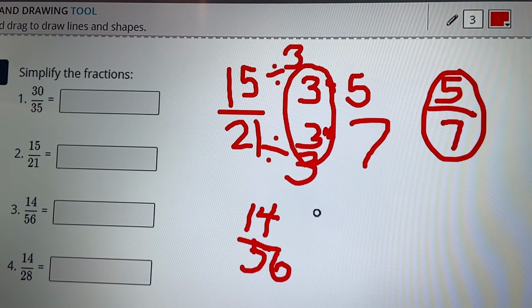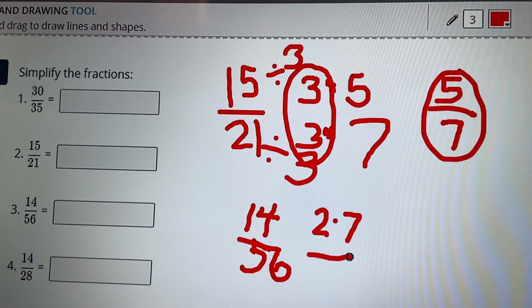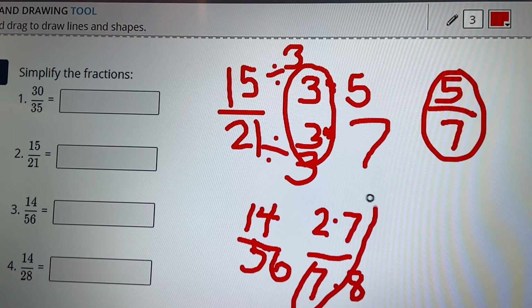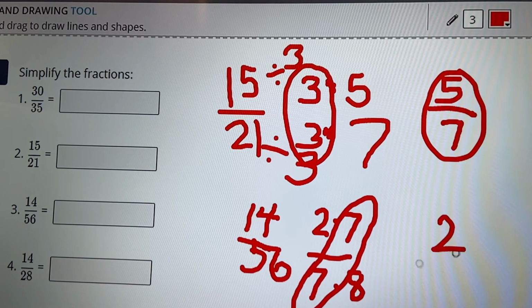But if I think about it, 2 times, I'm going to use a dot for multiplication. 2 times 7 is 14. And 56 is 7 times 8. So what do they have in common? They have a 7 in common. So if I divide 14 divided by 7, I get 2. If I divide 56 divided by 7, I get 8.